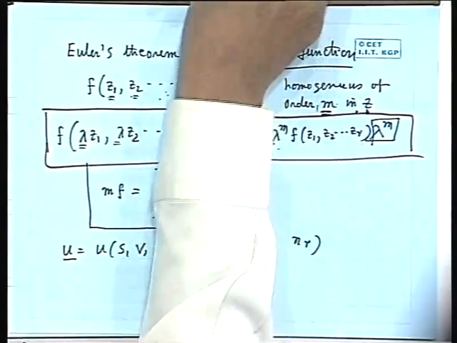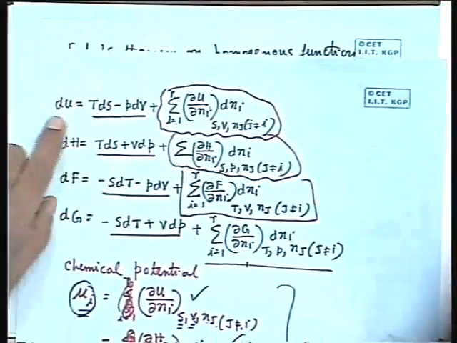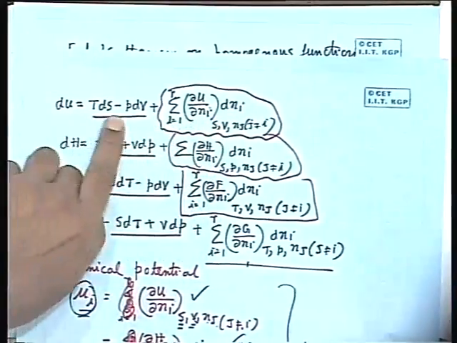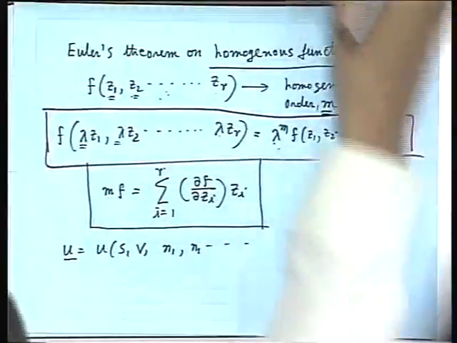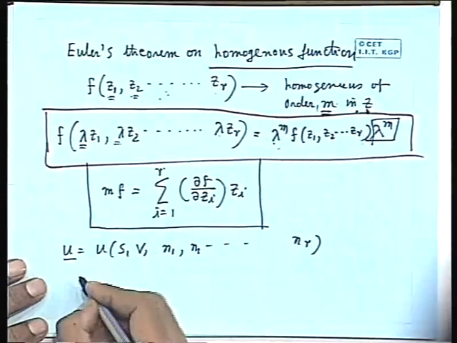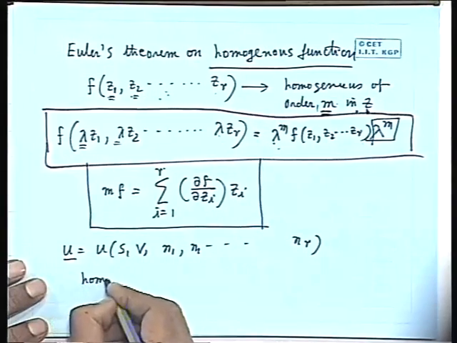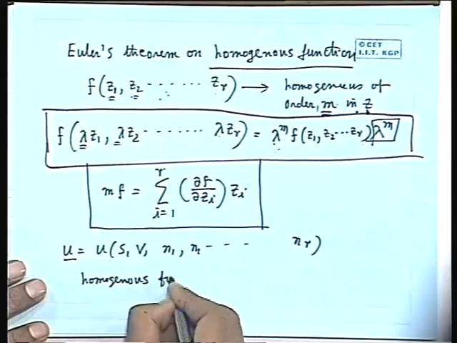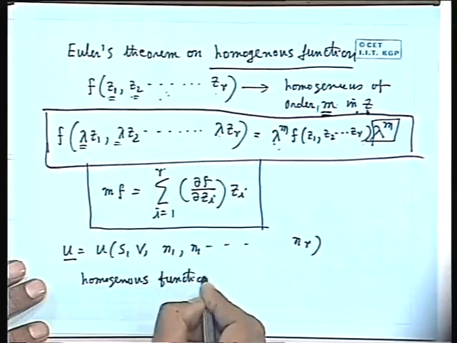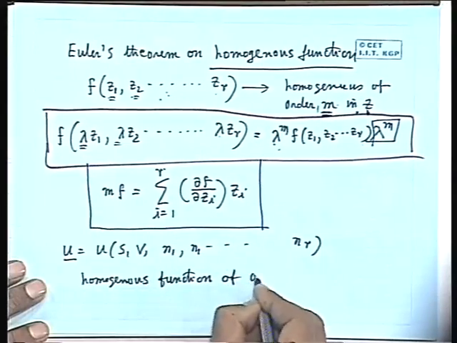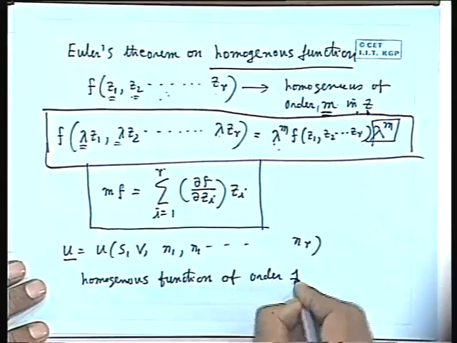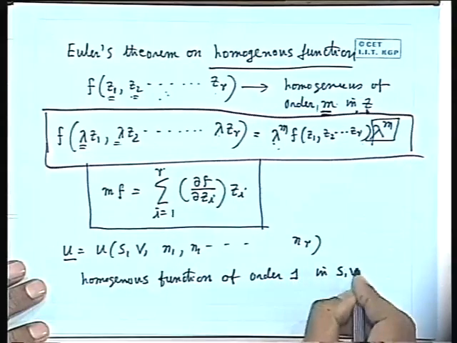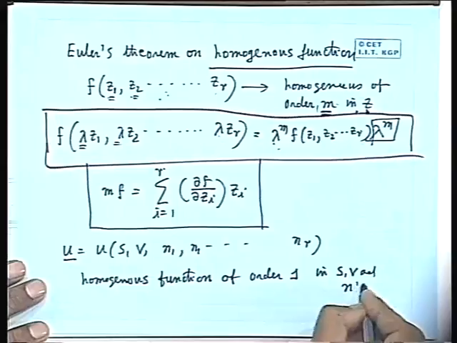If you see this differential equation here, you will find that U is a homogeneous function of order 1 in S, V and all the n's.